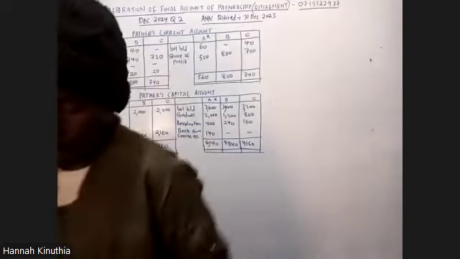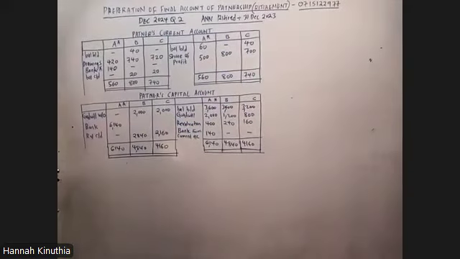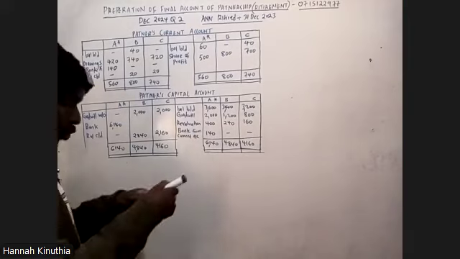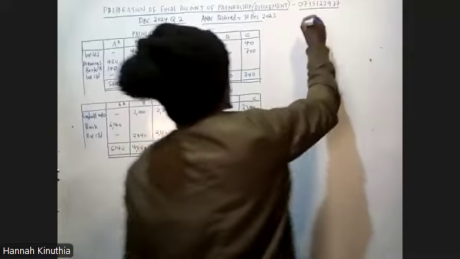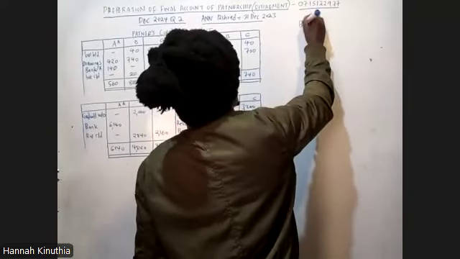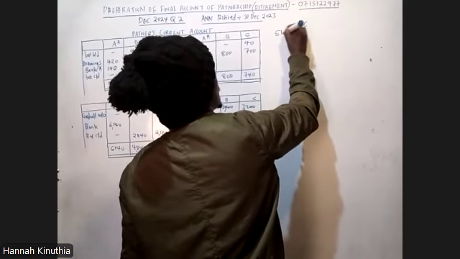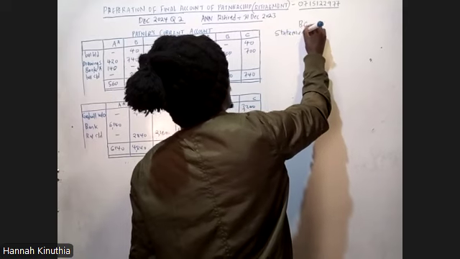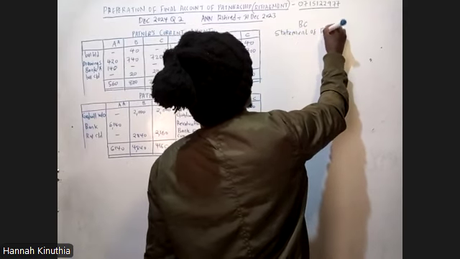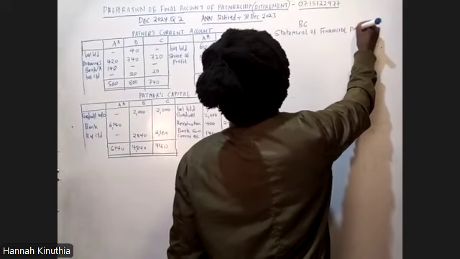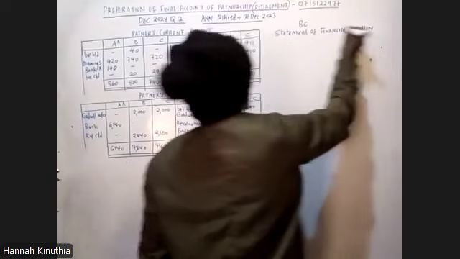Haya, tunasema itakuwa ni so kumbuka nani sasa hayuko. So kumbuka partner A hayuko. So hatutaka partner itakuwa ni B and C statement of financial position as at.